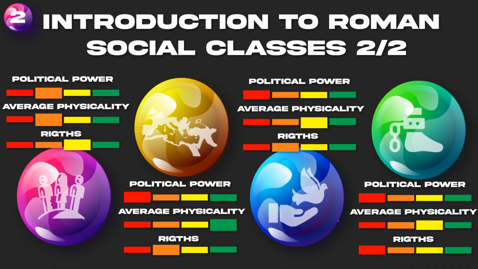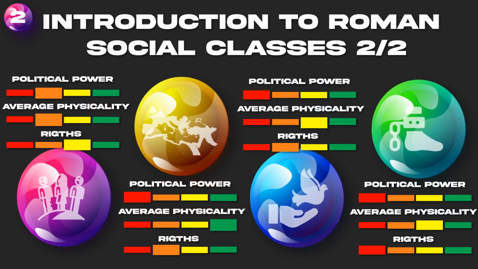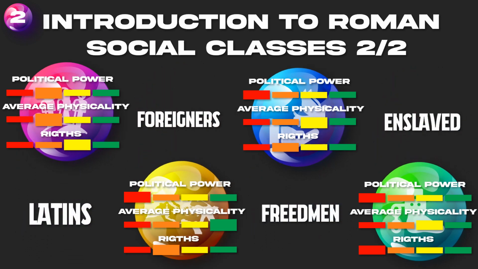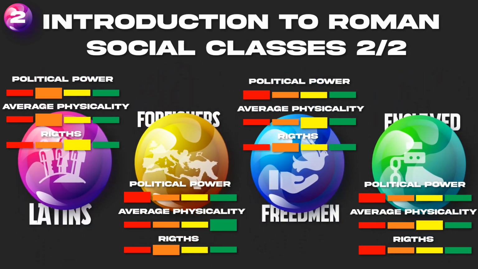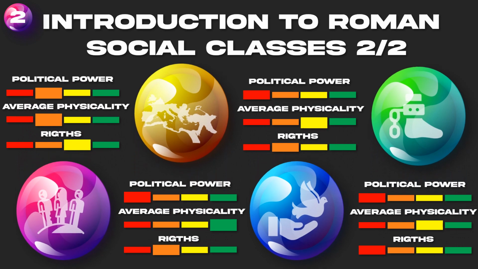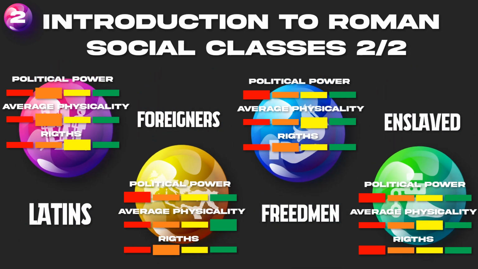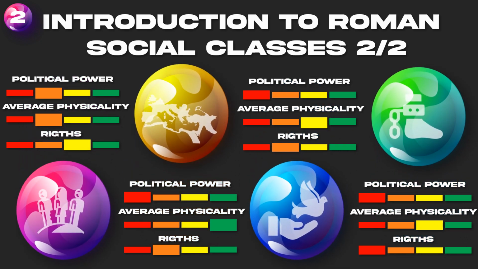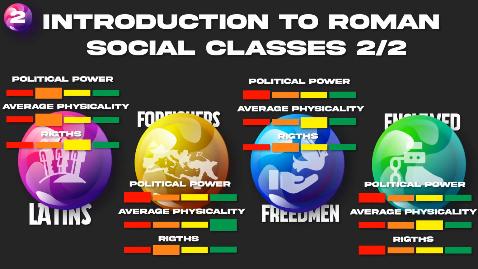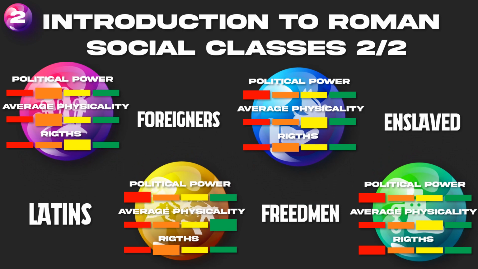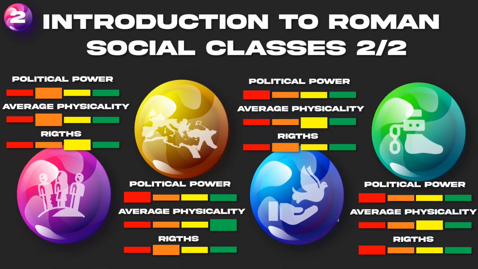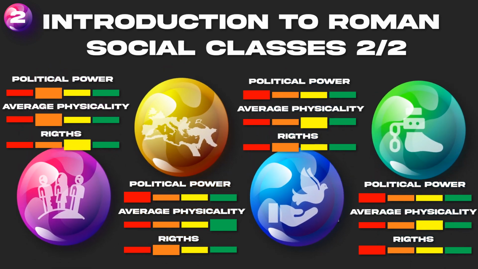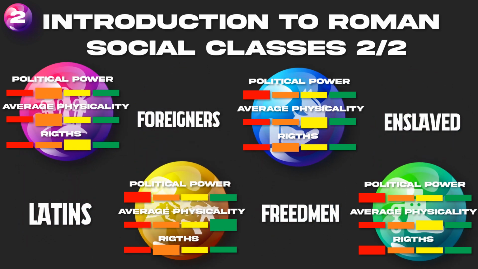The characteristics of foreigners and freedmen were pretty similar, with low political power, a high average physicality, and a normal amount of rights, as they were part of the military. Because of their long working hours, the enslaved had a pretty high average physicality, but no political power, and no rights at all, as they belonged to someone.